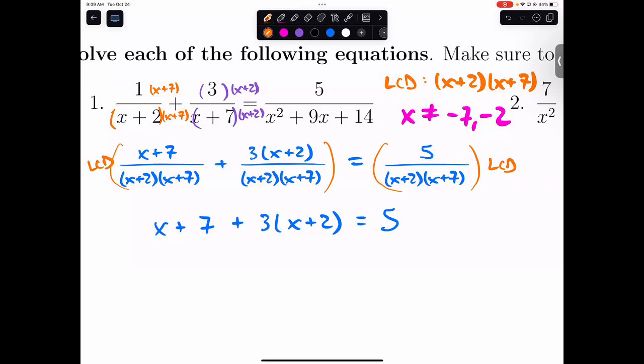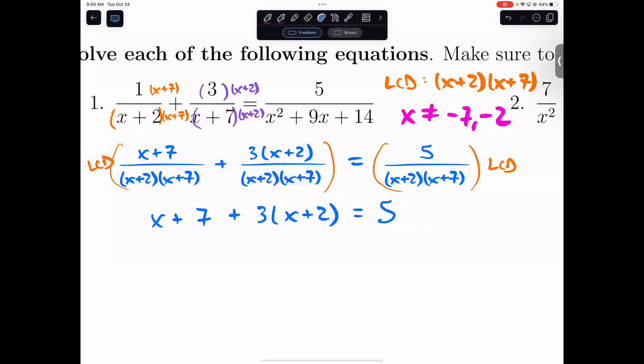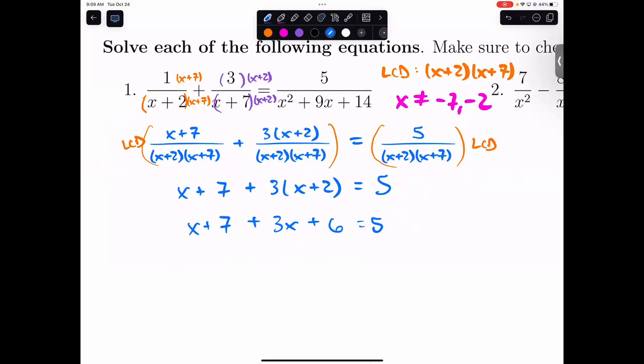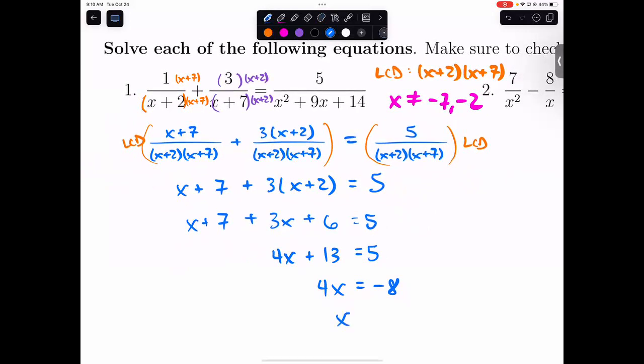And now we just need to solve this. So x plus 7 plus 3x plus 6 equals 5. That's a linear equation. All I need to do is combine like terms. I'm going to subtract 13 from both sides and then divide by 4.